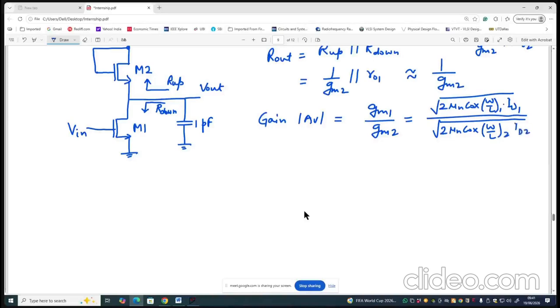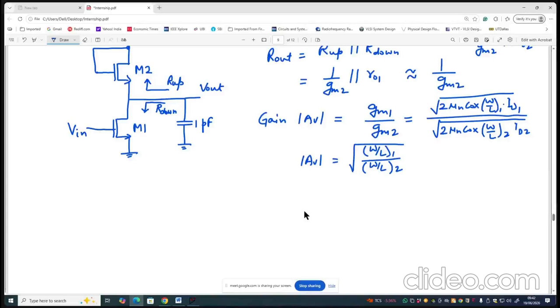But ID1 and ID2 will be equal. Do you agree? Yes, sir. So this comes out to be this. We get an expression of a square root of W upon L1 upon W upon L2. Do you agree?